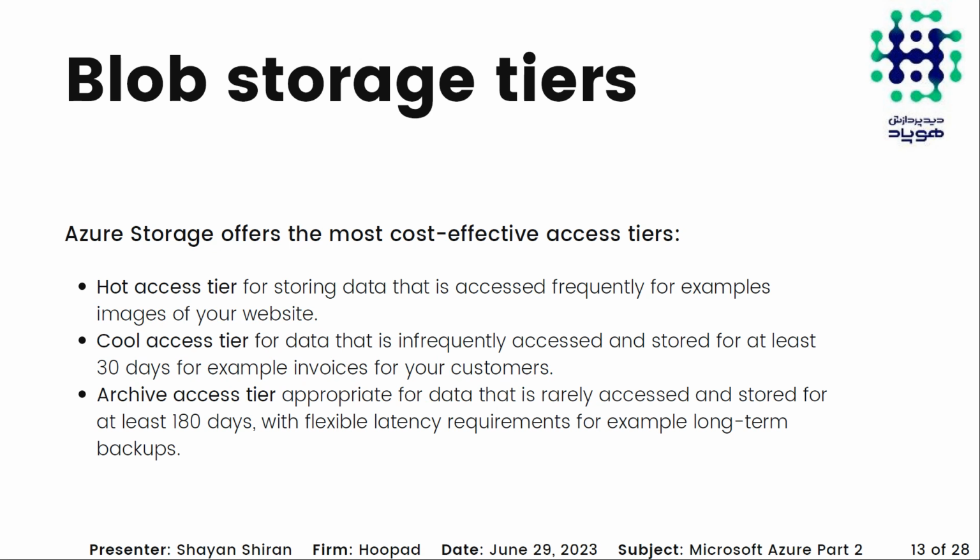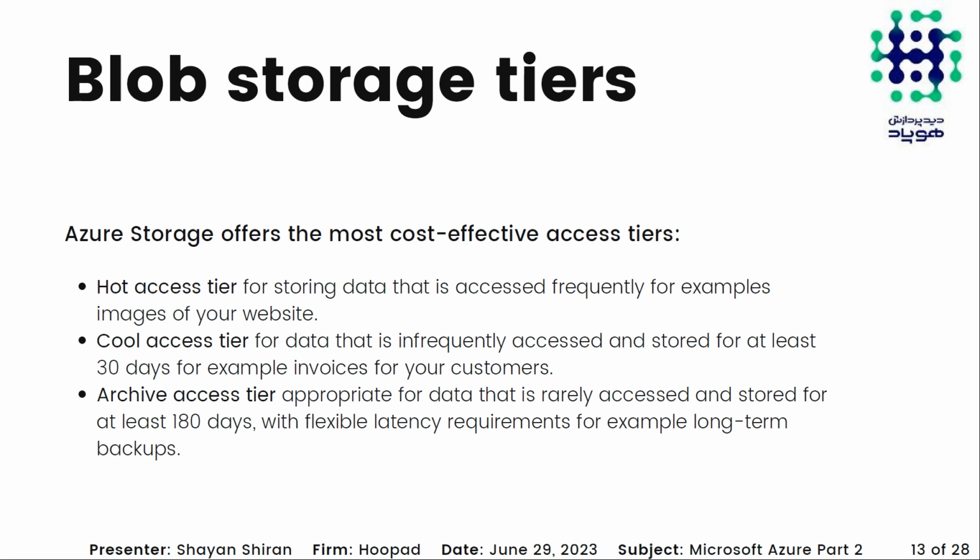Blob storage has some access tiers which are offered in the most cost effective manner: hot access tier, cool access tier, and archive access tier. The hot access tier is for storing data that is accessed frequently, for example, images of our website.